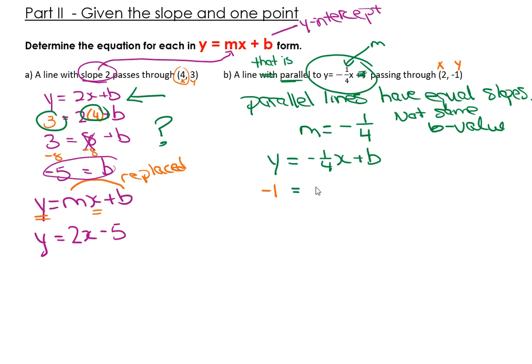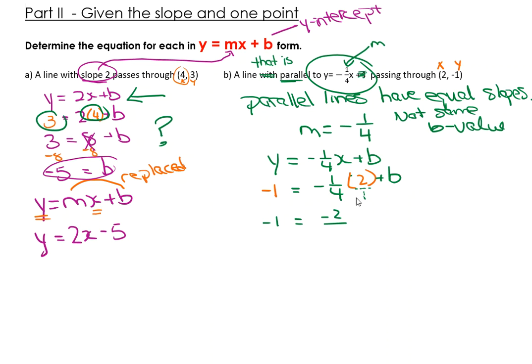Negative 1 equals negative 1/4. And instead of x, I've got a 2 plus b. So that's negative 1 equals, this is a 2 over an invisible 1. The way you multiply fractions, you multiply straight across the top, and I'm going to take the negative with that. So negative 1 times 2 straight across the top, that's a negative 2.